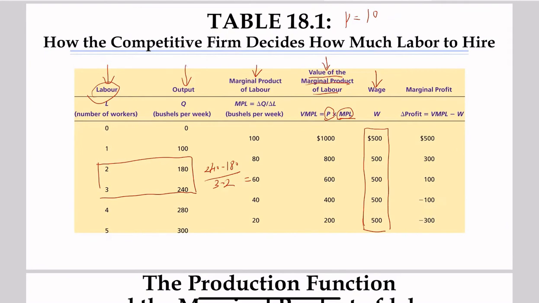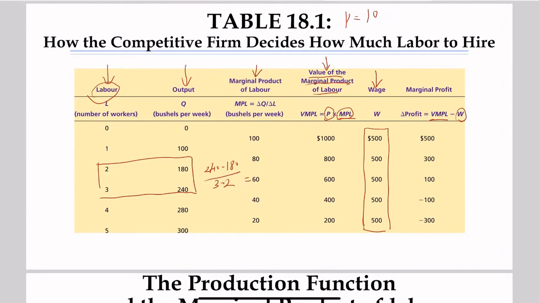So how can you find out the marginal profit in this case? Now think about this. This value of marginal product tells you the additional revenue the firm can get from one additional worker. Now what is wage? Wage basically tells you the additional cost you have to pay from one additional worker, right?